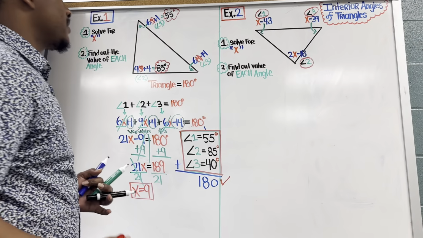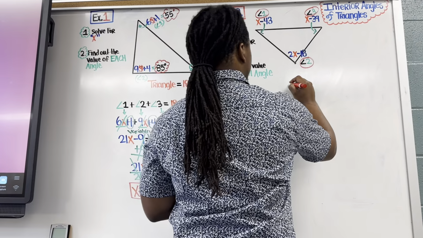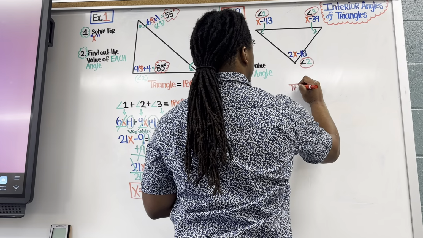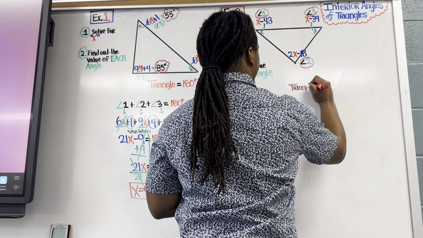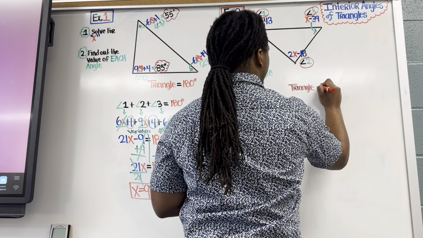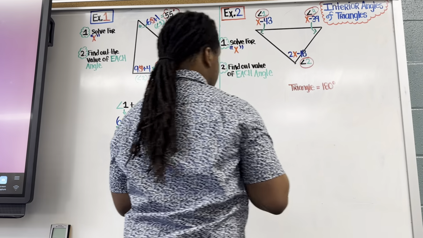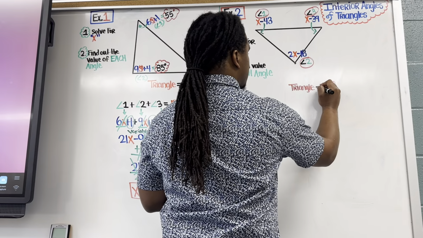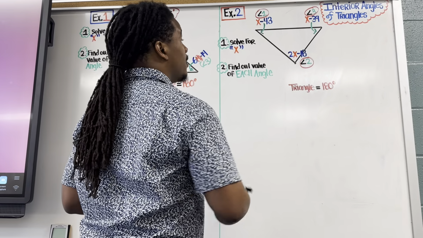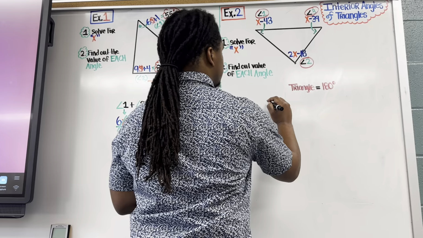Remember, guys, that a triangle equals 180 degrees, right? So if a triangle equals 180 degrees, that means that those three angles added together would equal 180, right? So let's go ahead and put that, guys.